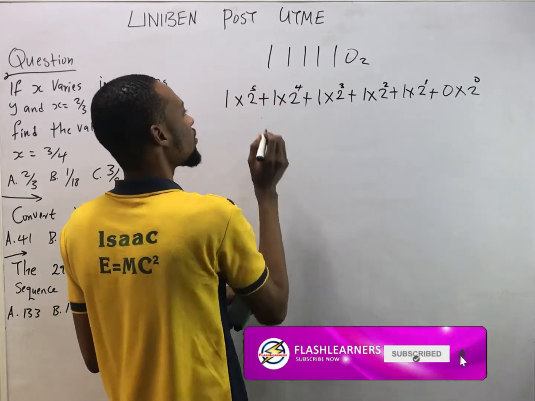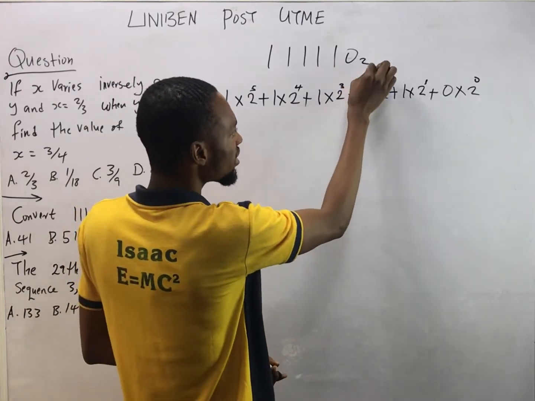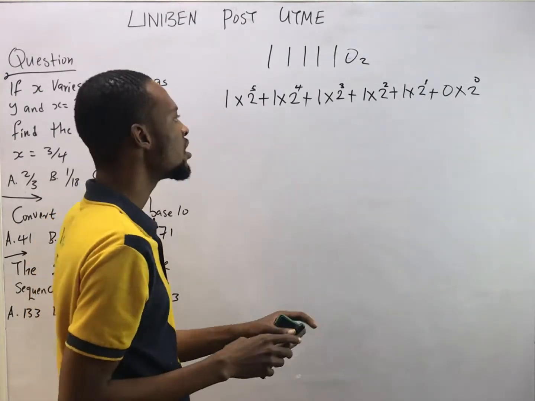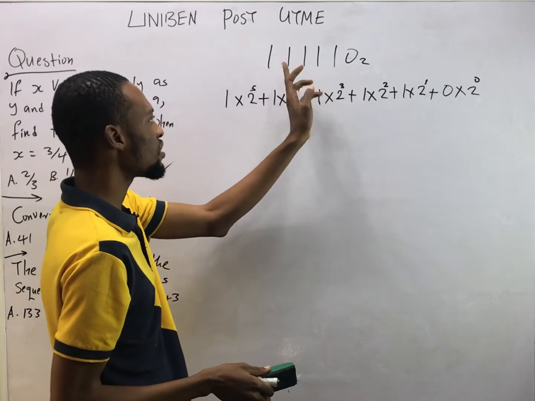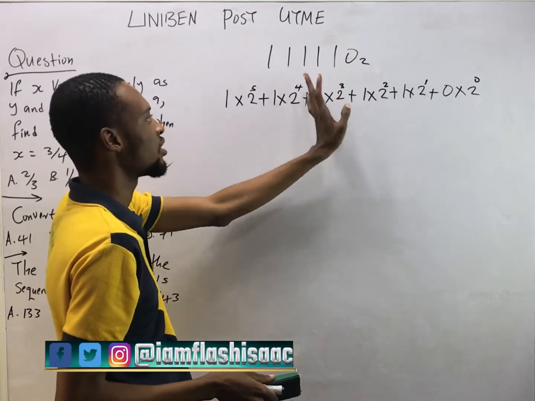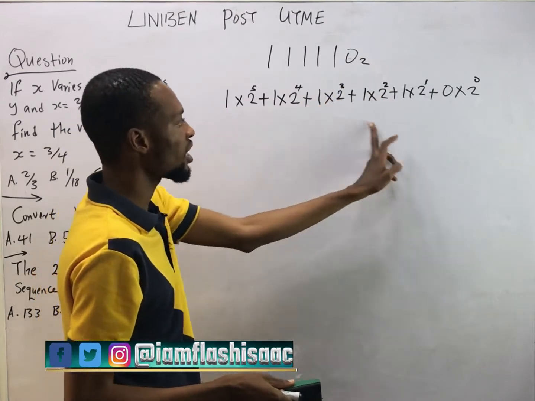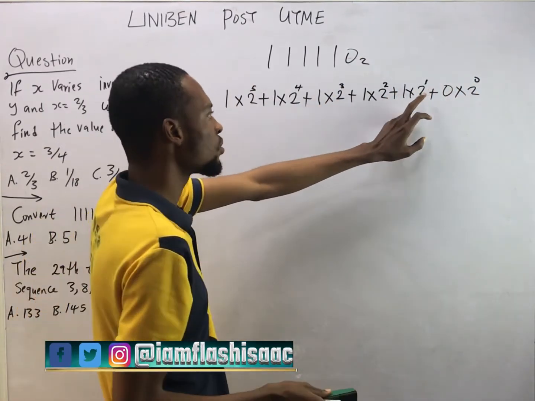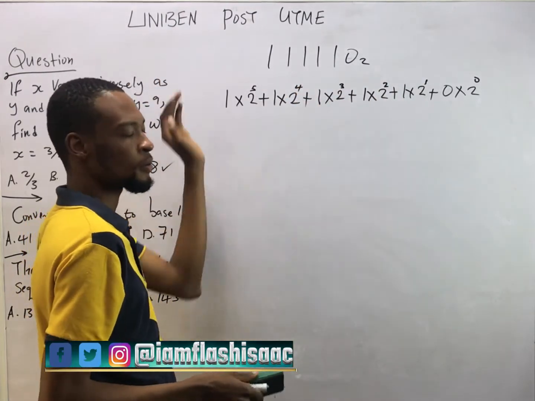On top here, 5. If here were to be base 3, base 4, 5, 6, any number to base 10, you follow the same procedure. You multiply each of the values, no matter what is here. If it's 1, 7, 8, 6, anything, multiply each of them by what is here, the base. After that, you begin to increase the power: 0, 1, 2, 3, 4, until you get to the last one.